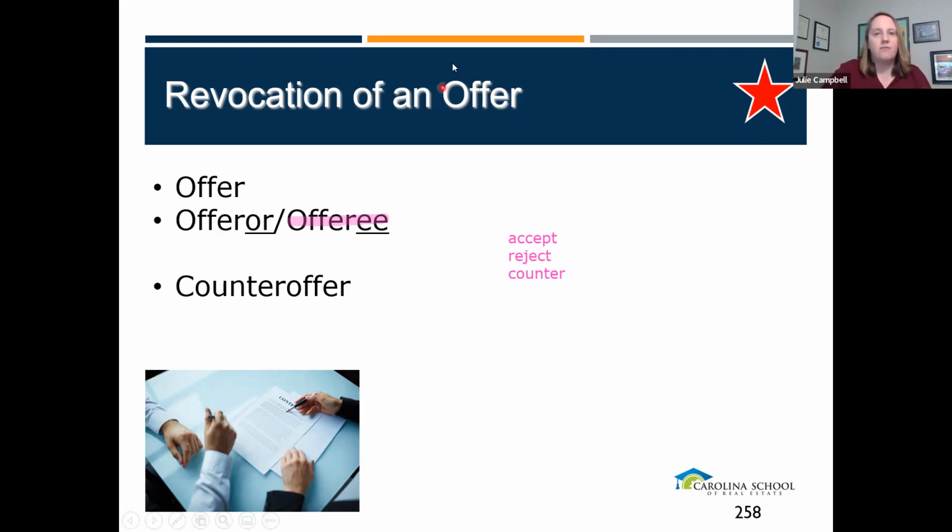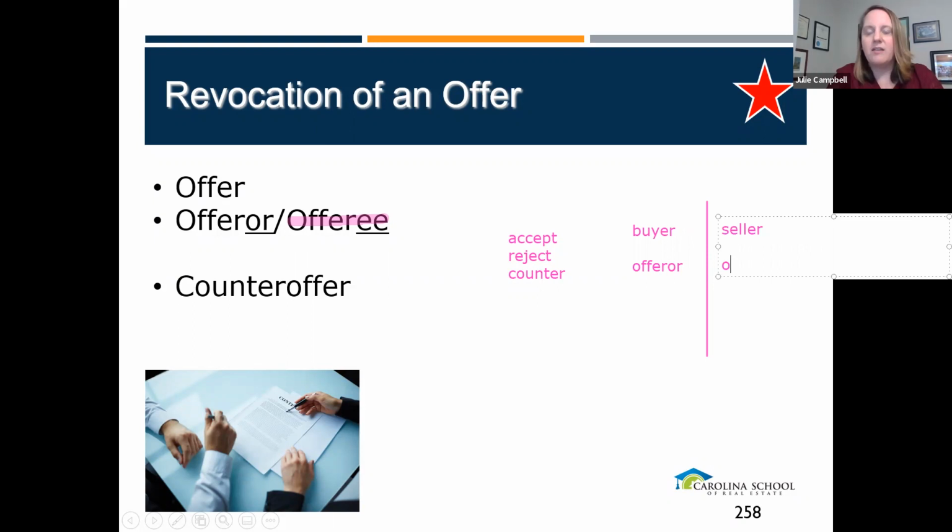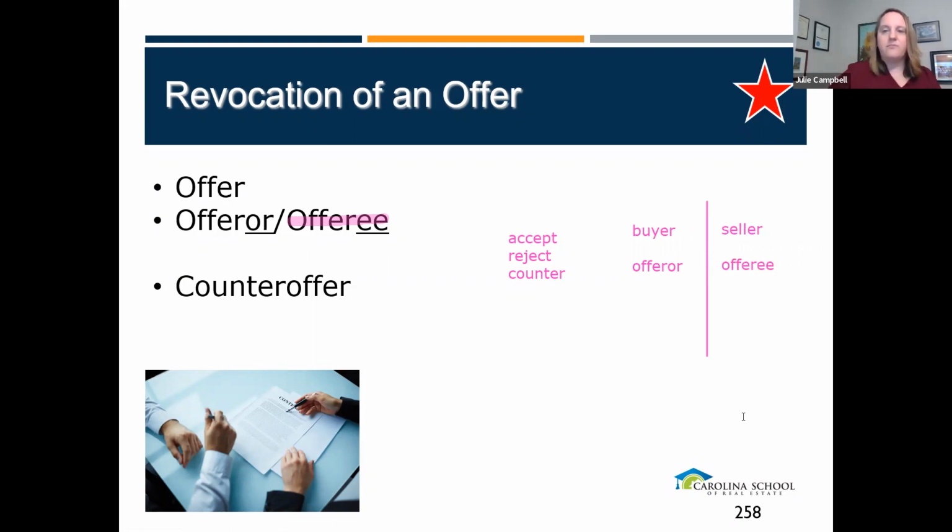With a counteroffer, the roles reverse. So you have the buyer on one side. As we said, the majority of the time, the buyer is the one making the offer to the seller.